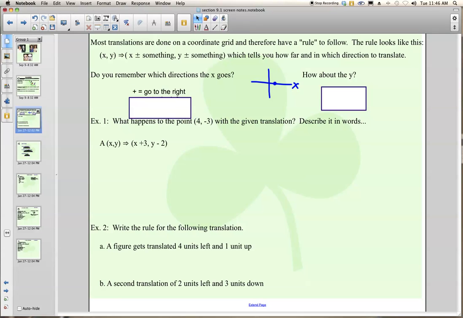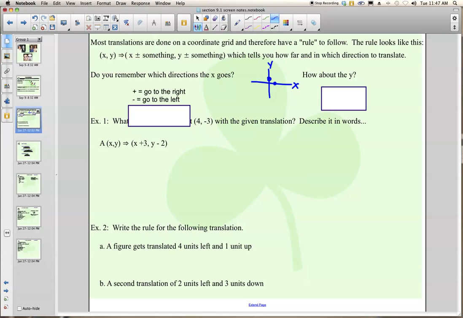If you subtracted a value from your x, you would move to the left. So the general rules are that if you add something to your x value, you're going to move to the right. If you subtract something from your x value, then you're going to move your object to the left. The y works basically the same way, except that the y-axis goes up and down.